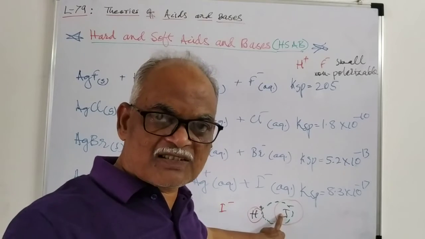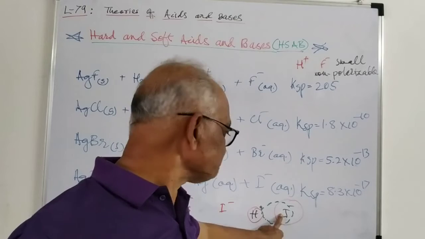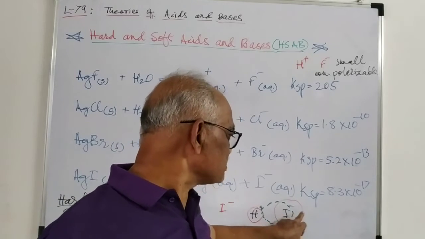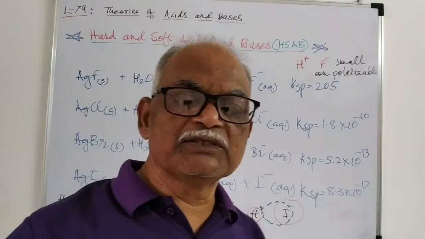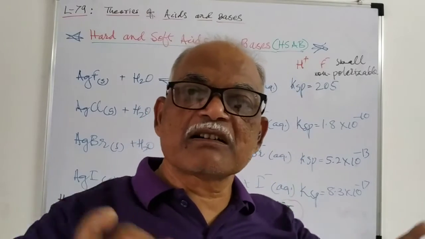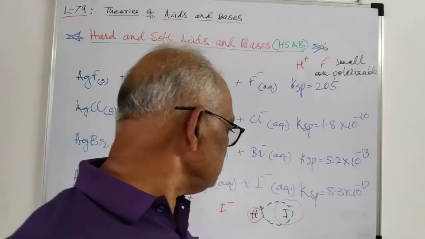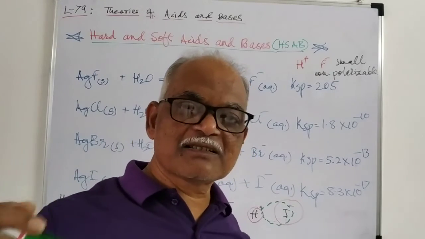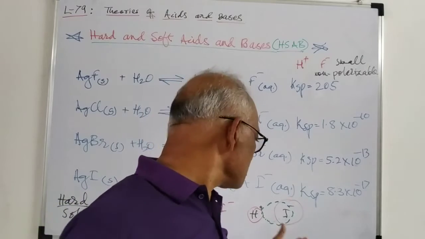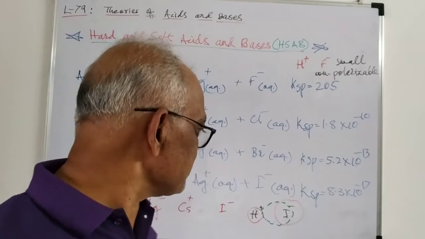The larger the size of I minus, the more the covalent character. Similarly, when the oxidation state of the anion is smaller, like F minus, it is a harder species. But when the oxidation state increases, the covalent character also increases, which means the degree of polarization of the electron cloud also increases.